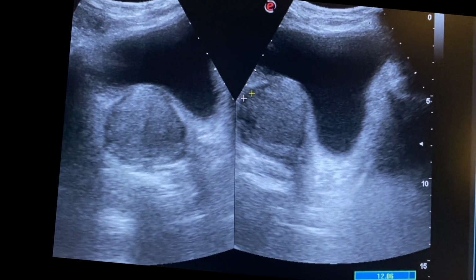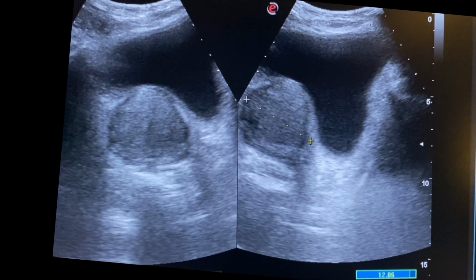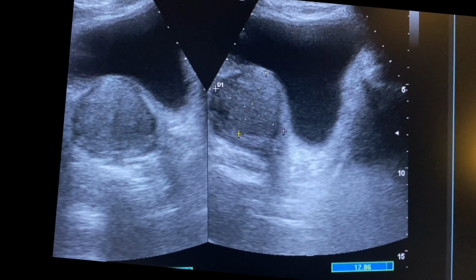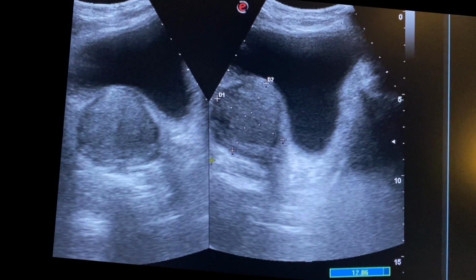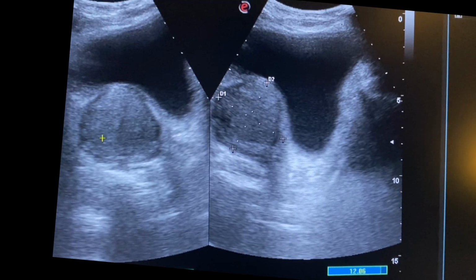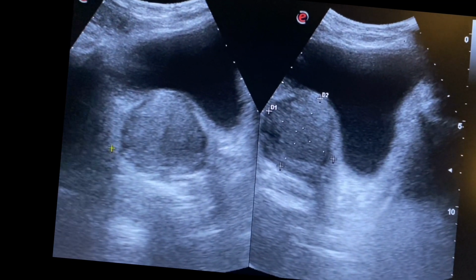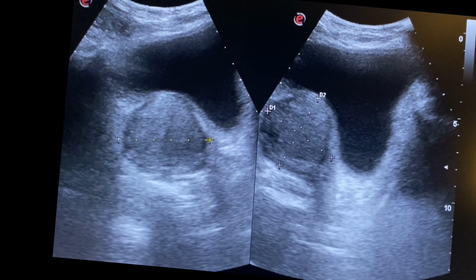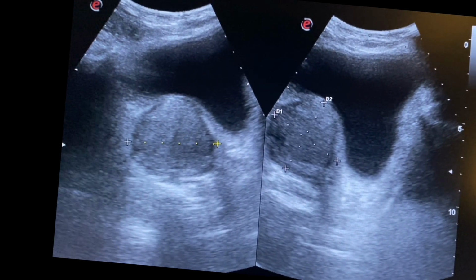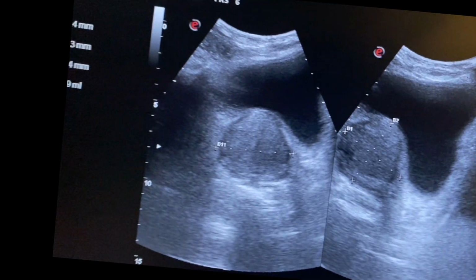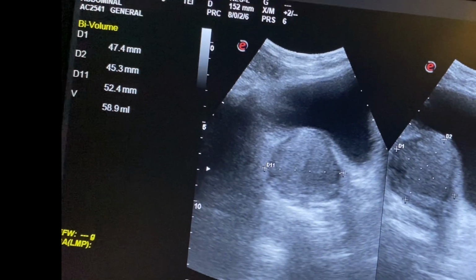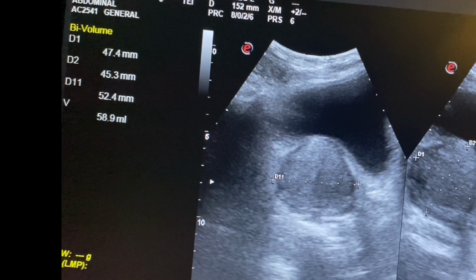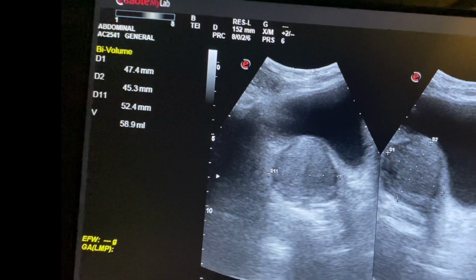For that we need 3 measurements. The volume of the prostate is 58 ml, which is enlarged. The normal volume is 30 ml.